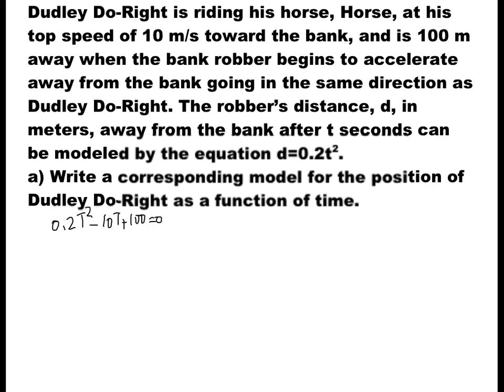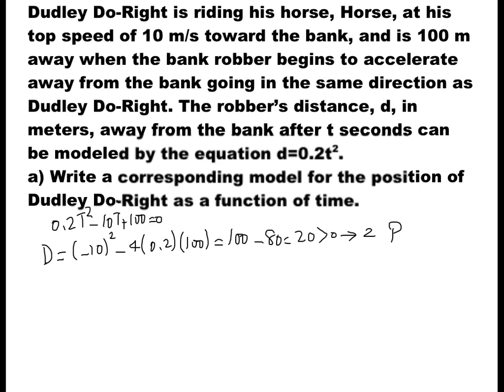The discriminant in this case is going to be D is equal to b squared, negative 10 squared, minus 4 times a times c, which if you use your calculator becomes 100, negative 10 squared, minus 4 times 0.2 times 100, which is 80, so minus 80, which is 20. Since 20 is greater than 0, we get 2 points of intersection.